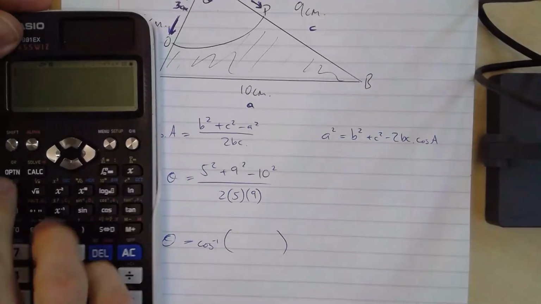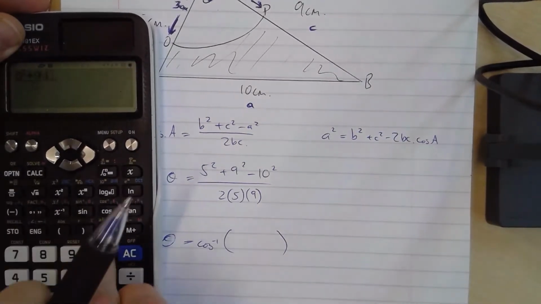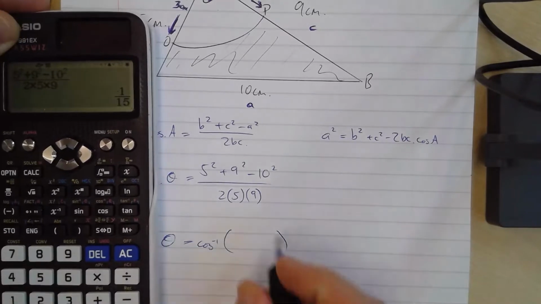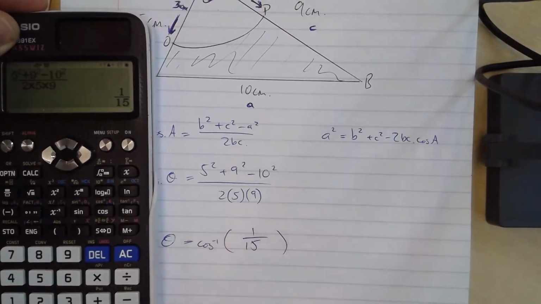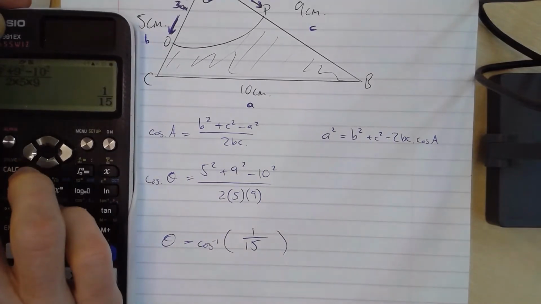So 5 squared plus 9 squared, minus 10 squared, all over 2 times 5 times 9, and that's 1/15.